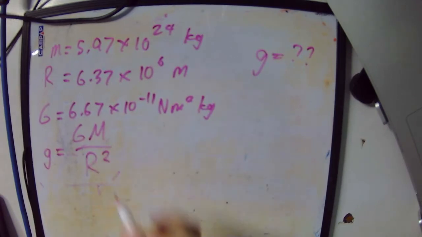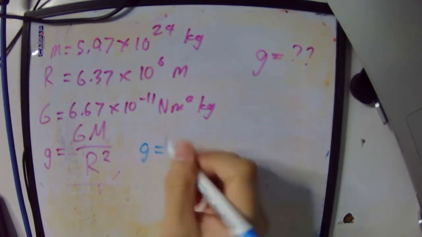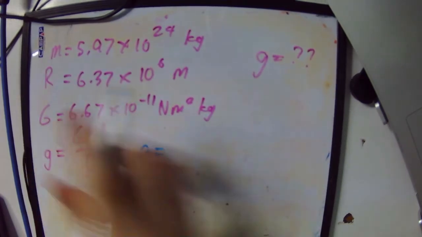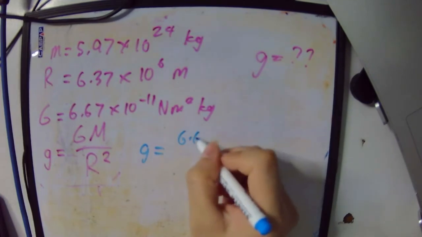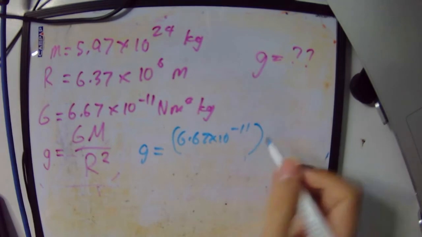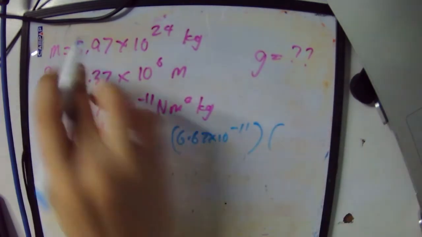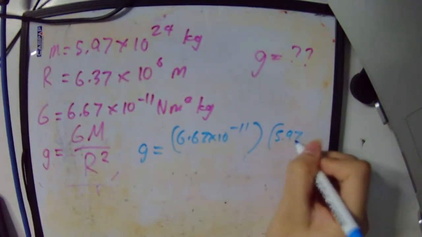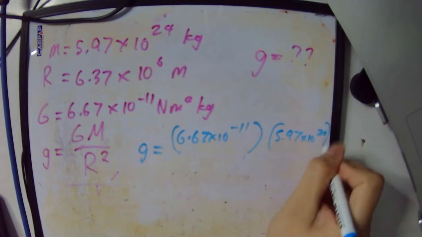All right. Now just put in all the correct values that we have. So g is what we're looking for. Capital letter G we know is 6.67 times 10 to the power of negative 11. Okay, mass we also know is 5.97 times 10 to the power of 24.